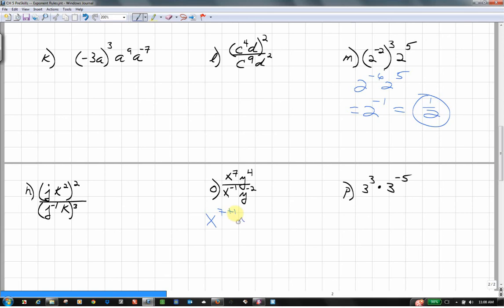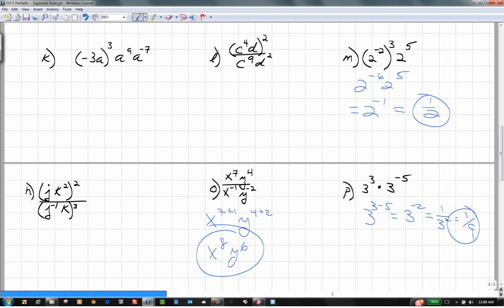That would be y to the 4, and a minus 2 would be 4 plus 2. So this is going to be x to the 8th, y to the 6th. Over here, I would have 3 to the 3 minus 5. That'd be 3 to the negative 2. 1 all over 3 squared is 1/9.